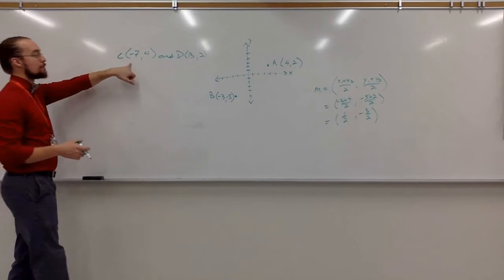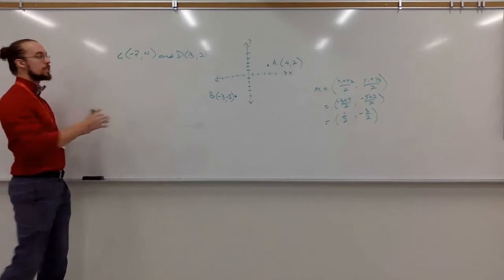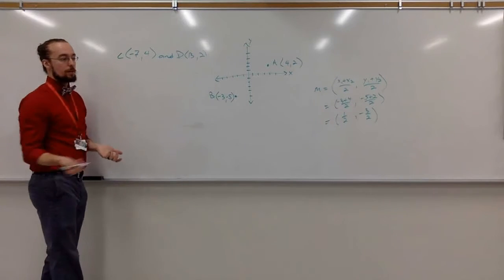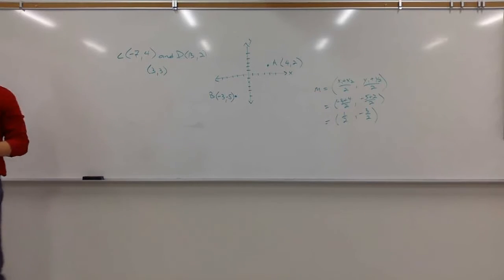Okay, if I just take the average, so -7 plus 13 is 6, divided by 2 is 3. 4 plus 2 is 6, divided by 2 is 3. So the midpoint is 3, 3.